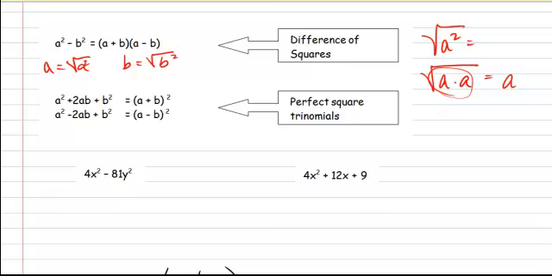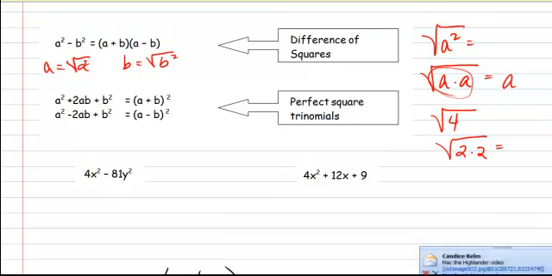For example, the square root of 4 is really 2 times 2, and since we're taking the square root, we take it twice and take it out as 2. So the square root of a squared gives me back a.